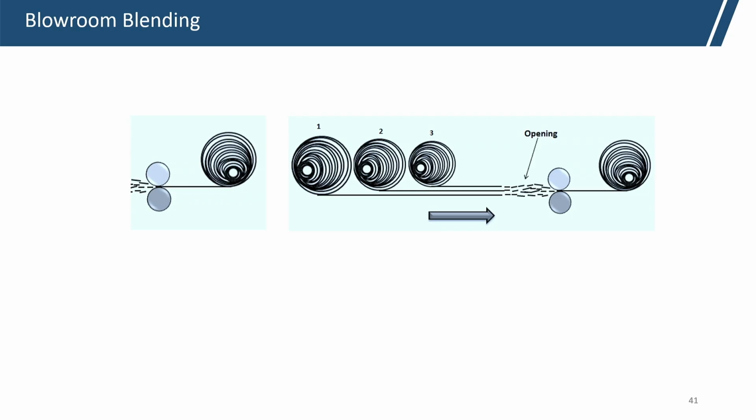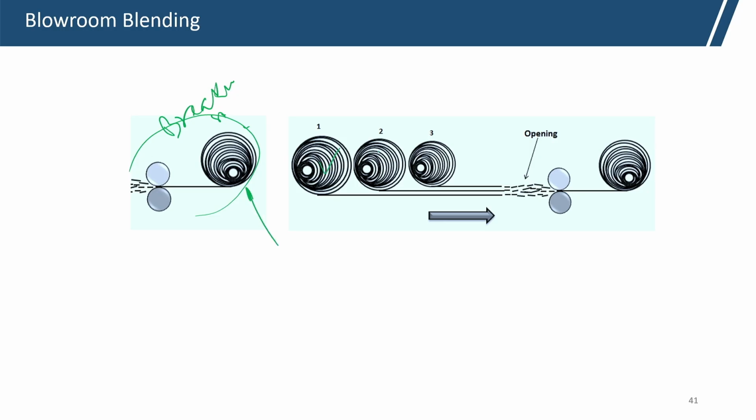So, you can see here this is the single scutcher where blending is not possible. Now, you can see this is the breaker scutcher. Here different types of fibers form the lap.